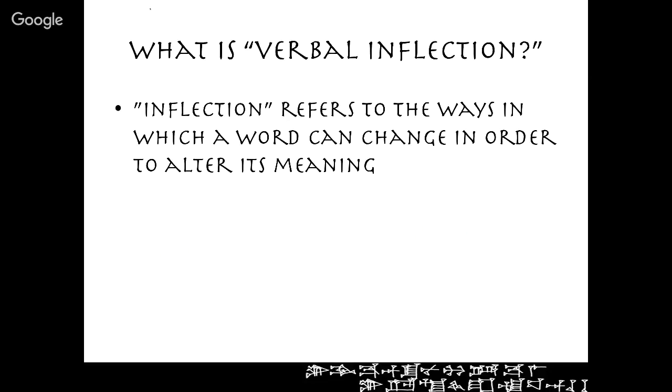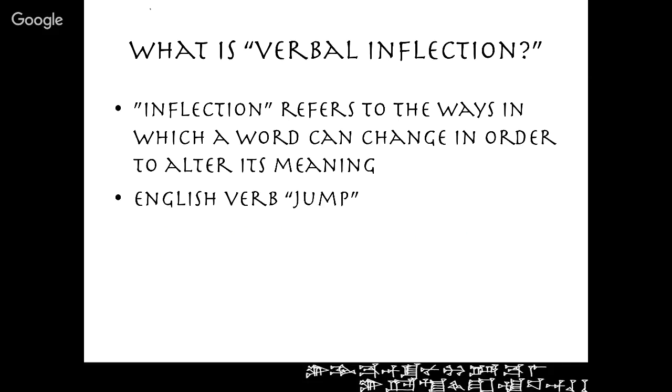Instead of making up new verbs for the past tense, a new verb that means the same thing for the present tense, and so on, they will just change the way that they write the actual verb. So let's take an example.